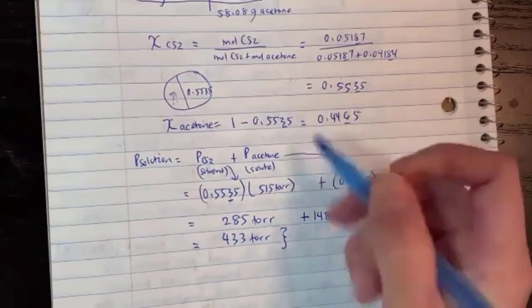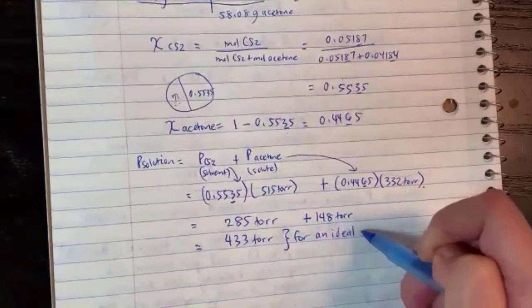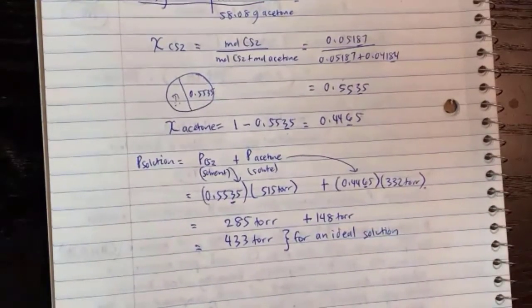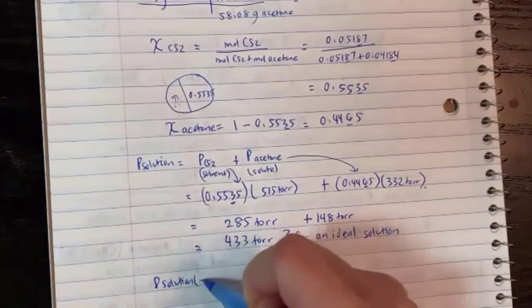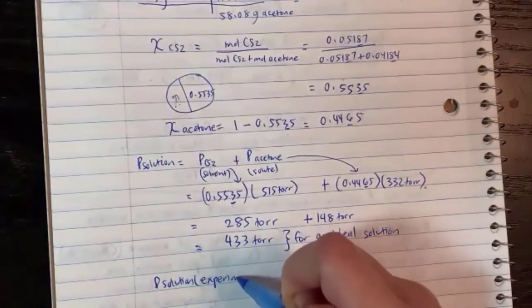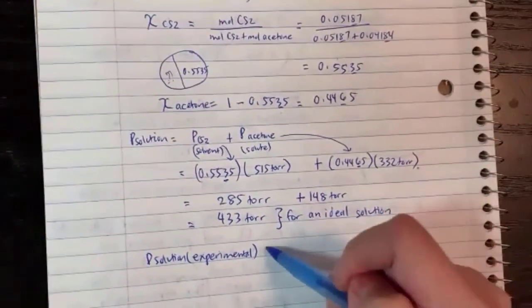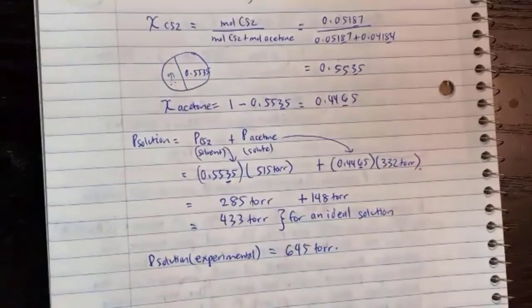Now this here is for an ideal solution. Okay, 433. What did they get in lab? P of solution, experimental. In lab, okay, they got 645 torr. So the solution is not ideal.